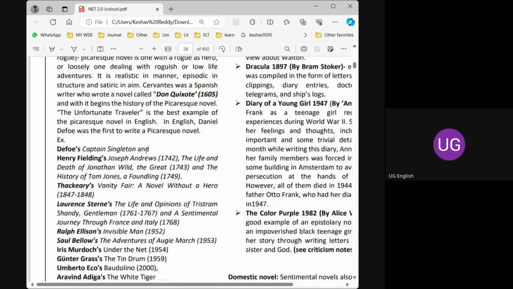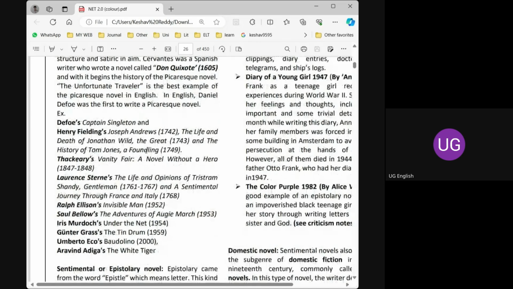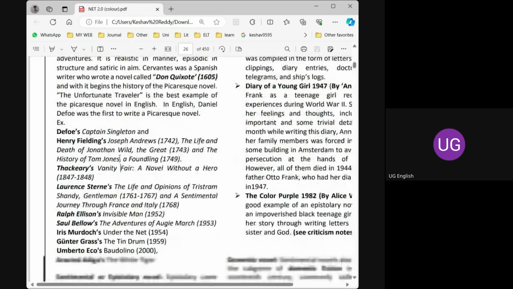So Daniel Defoe's novel Captain Singleton, Henry Fielding's Joseph Andrews, and Jonathan Wild the Great is a novel based on the life of a criminal. Jonathan Wild the Great is a criminal, a biography of a criminal. And Tom Jones, very important work. All these are picaresque novels.